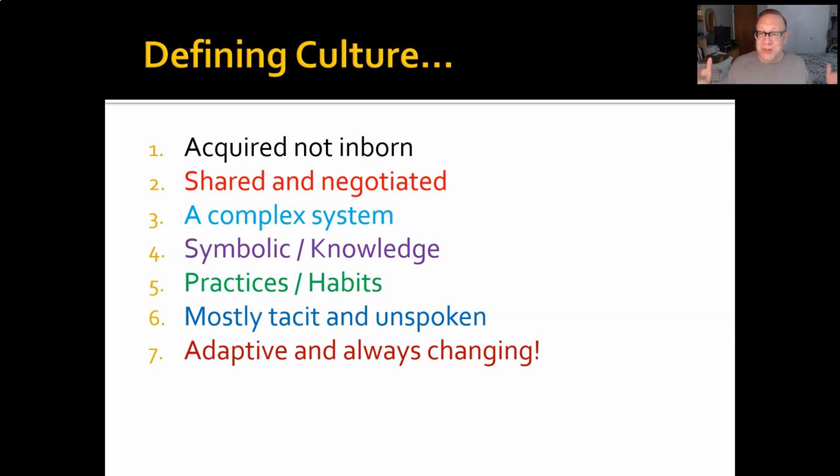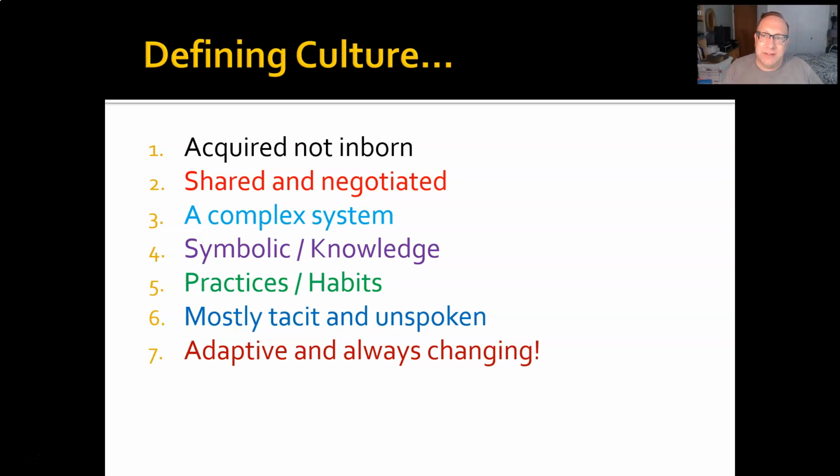Because you just assume that that's the way the world is. There's this boundary, and where you draw that boundary is just the way the world is. Well, different cultures draw that boundary in different places, and tolerate different distances from one another. So that's an example of tacit knowledge of your culture.